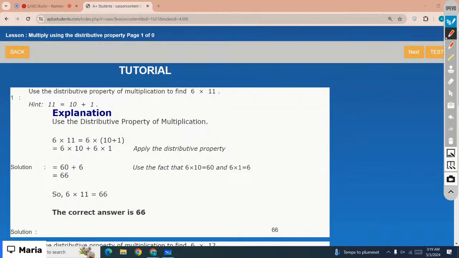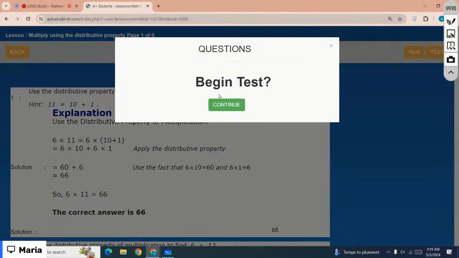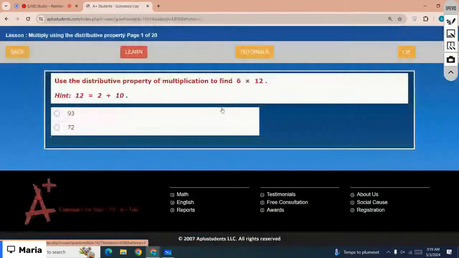Okay, let's just start with the practice questions. Use the distributive property of multiplication to find 6 times 12. You are even given the hint.